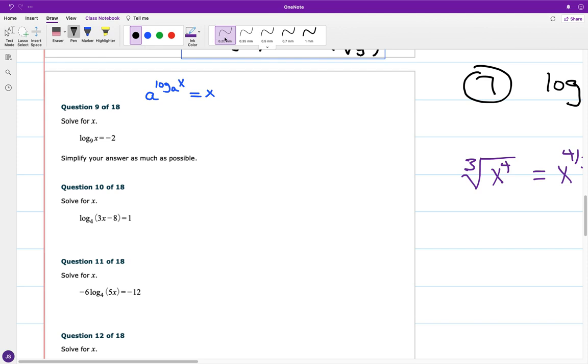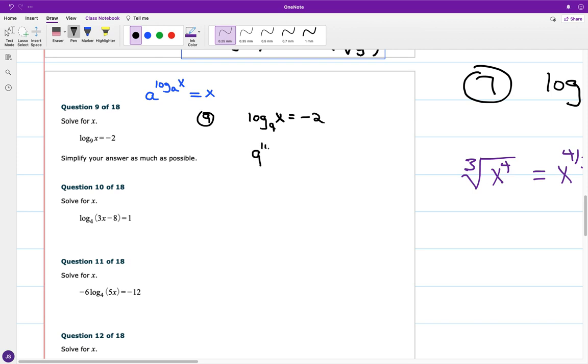And we have, in the case of number 9, the base 9 logarithm of x is equal to -2. And if I take care of the base 9 log appearance, I can treat both sides as powers, to which the exponential base 9 is going to be raised.